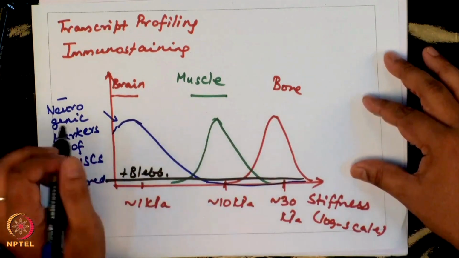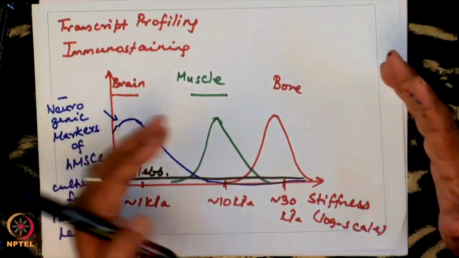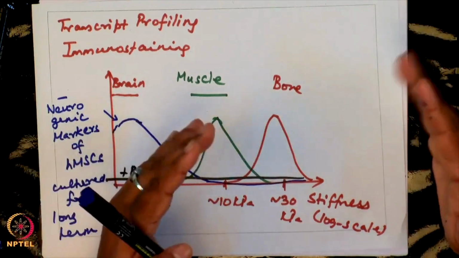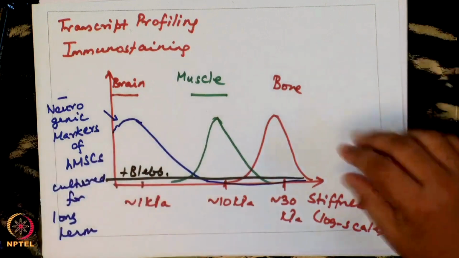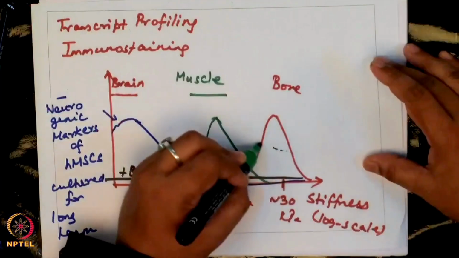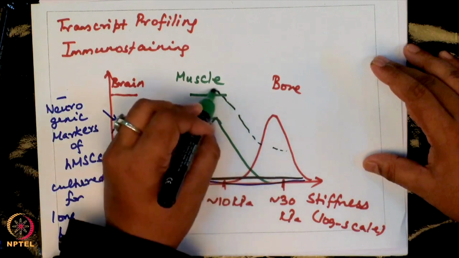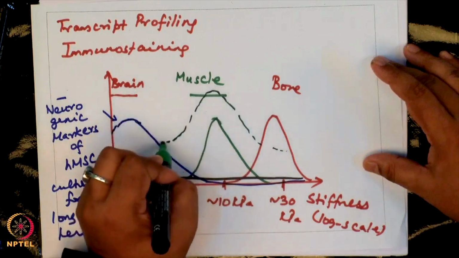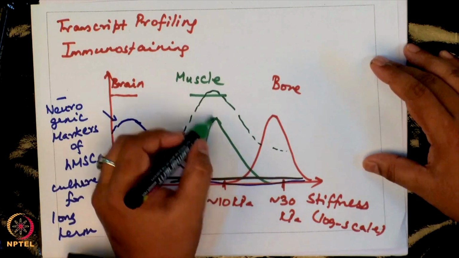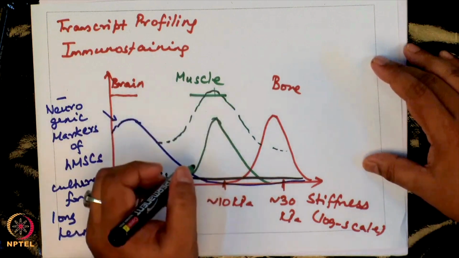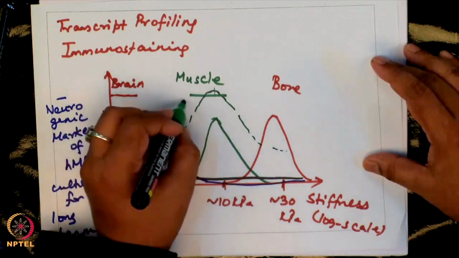Okay. Now, does this mean that this earlier differentiation is enough to become functional muscle? So, what would be the profile if you plotted the same for a muscle cell line? Okay. So, what you find is for a muscle cell line, it exhibits the same peak at the same place, which is order 10 kilopascal, but muscle expression.